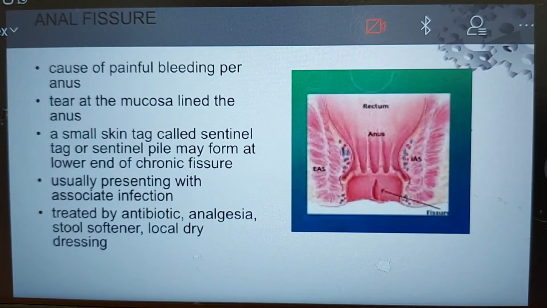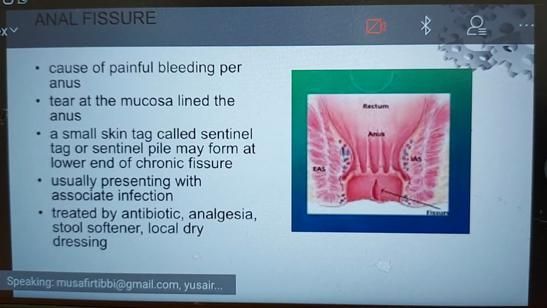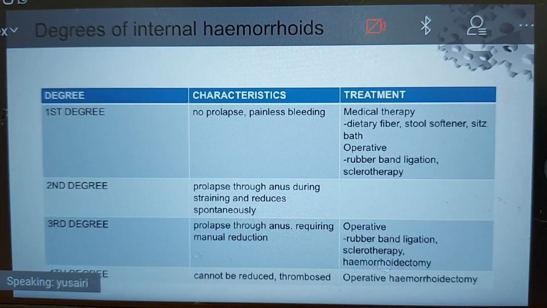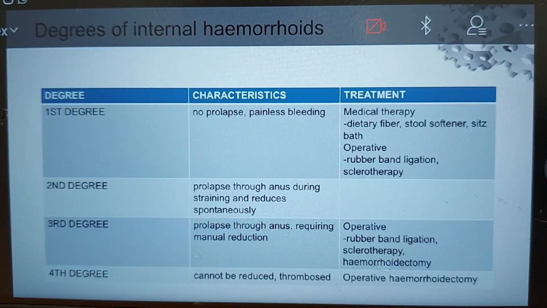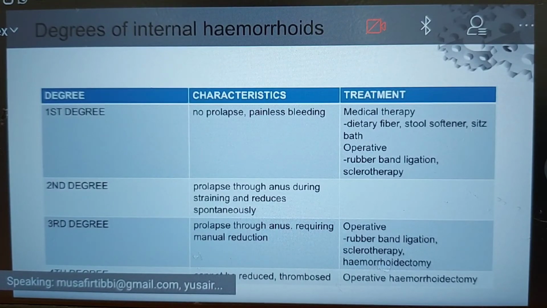Okay, so there are a few other modalities that we can offer to the patient, especially for second degree and third degree. Other than rubber band ligation and hemorrhoidectomy, there are a few other things. What other things do you know of?